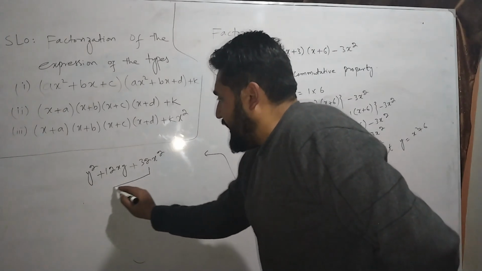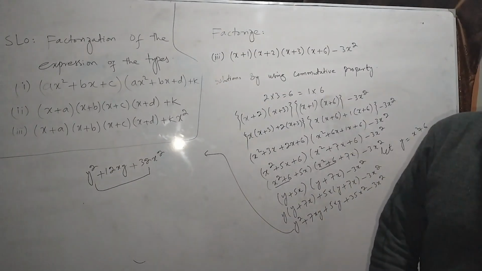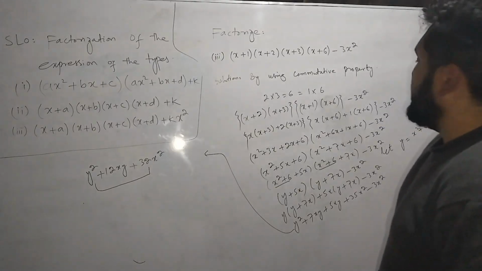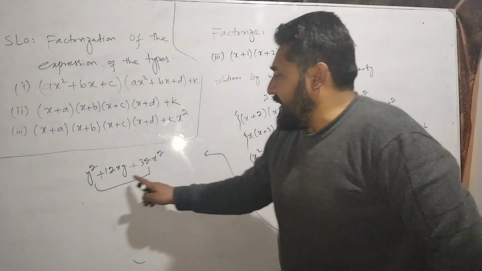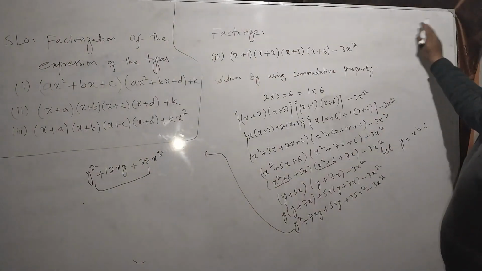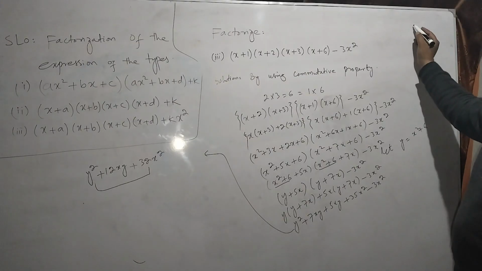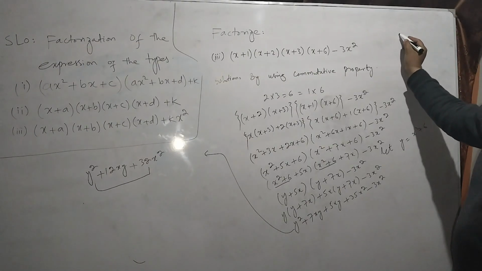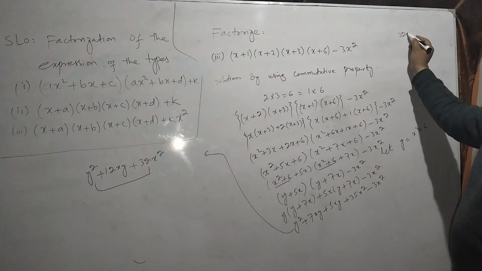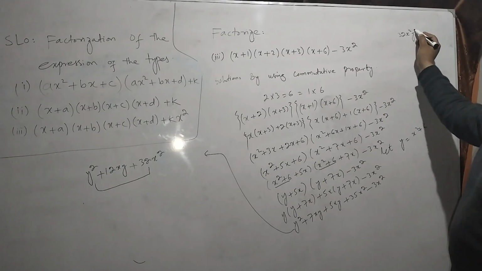Now here we again use the middle term break method. What is the middle term? If we multiply these two, our result is 32x square y square.